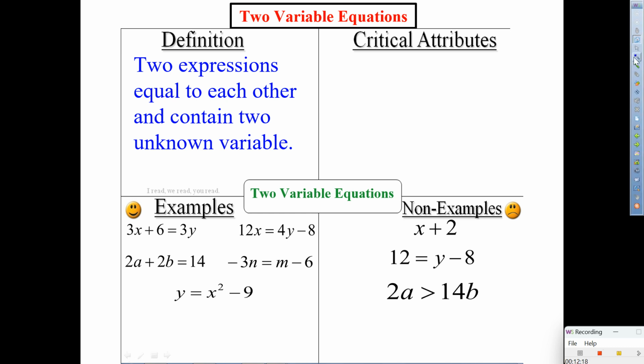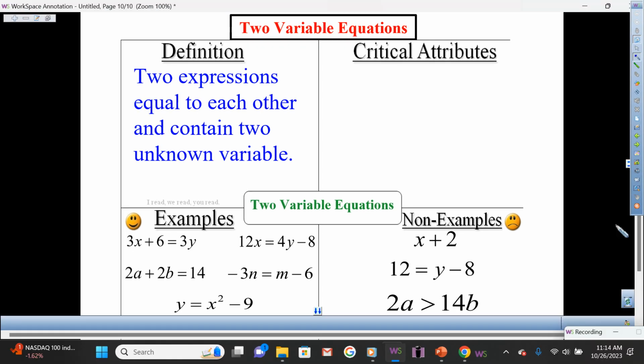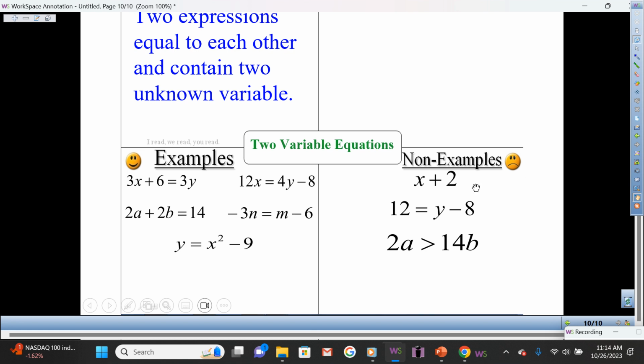David, why is the first one not a two variable equation? Oh, yeah, it's not an equal sign and doesn't have two different variables. How about the second one, Martin?